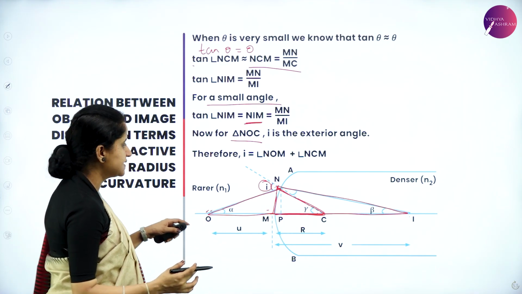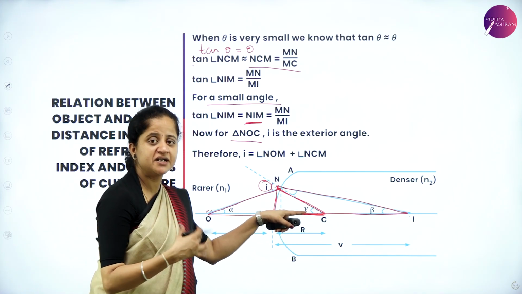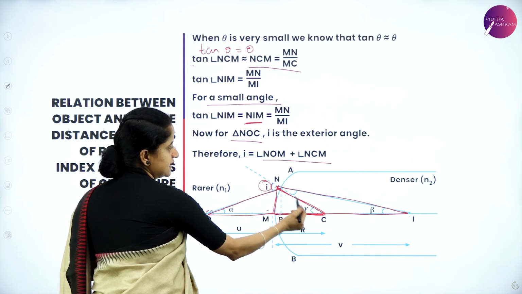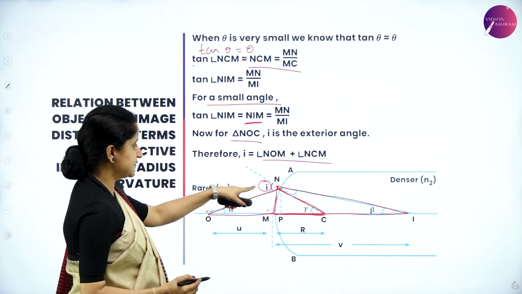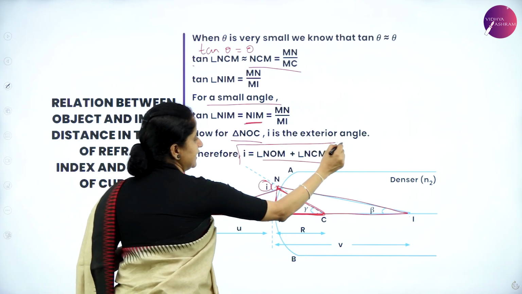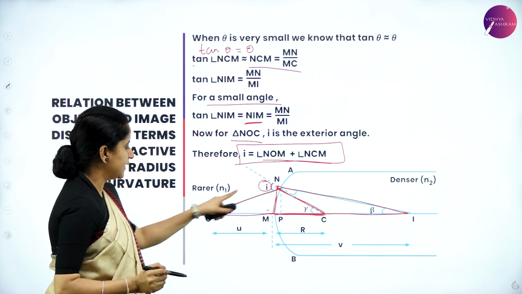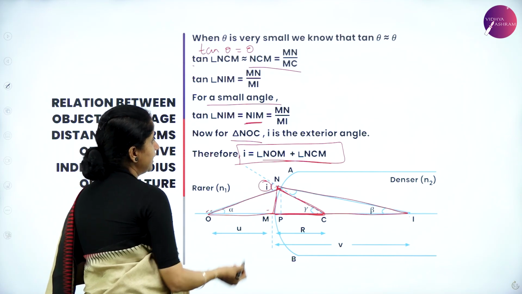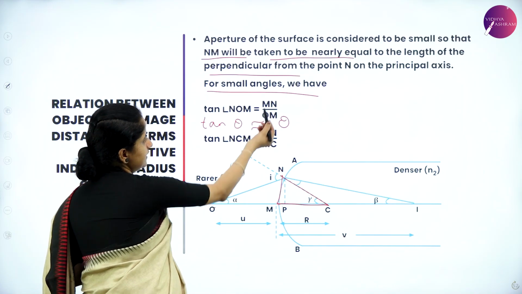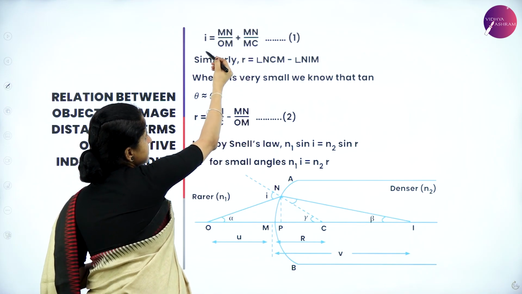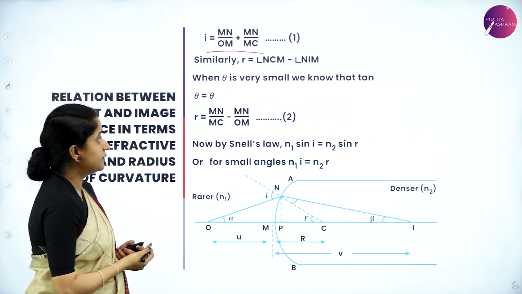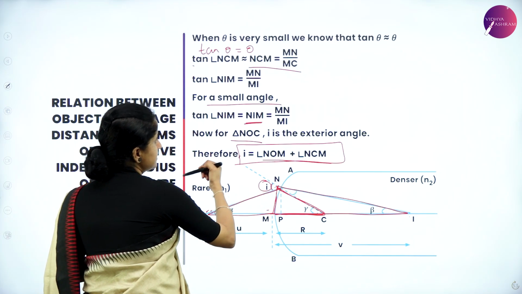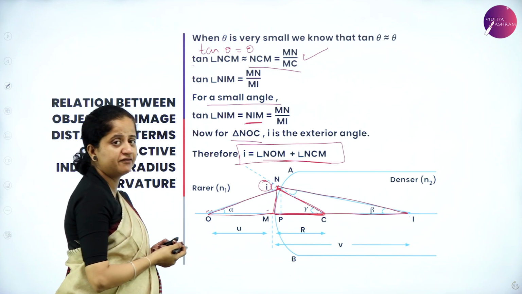You can even take it as I equal to alpha plus gamma and derive the expression, or you can directly write it as angle NOM plus NCM, because I is the exterior angle here. So for triangle NOC, I is equal to angle NOM plus NCM. But what is NOM? According to our first equation, it is MN divided by OM. So we substitute: I is equal to MN divided by OM plus MN divided by MC, since NCM is what we have already defined as MN divided by MC.